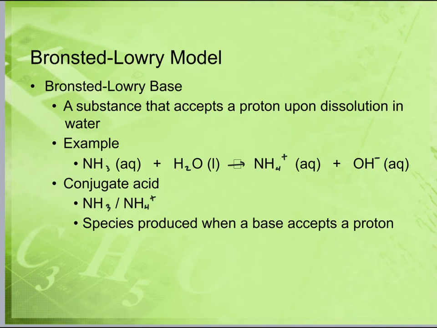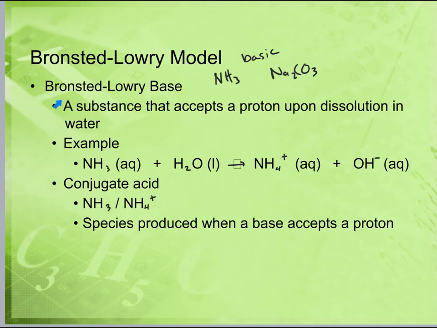A minute ago we were saying things like ammonia and sodium carbonate, Na2CO3, were basic even though we didn't have an explanation for it. And so Bronsted and Lowry, again putting it in terms of protons, found a way to explain how these things were basic.